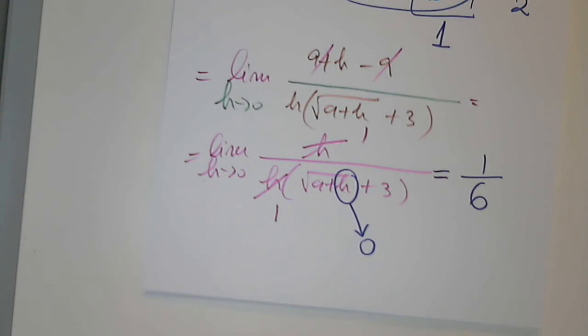So then the limit is 1 over 6. Before we look at absolute value limits, because I have to refresh our memory on absolute value, maybe we should choose another. Are we ready? Any questions on this problem? Is this okay? Yes? Okay, so.